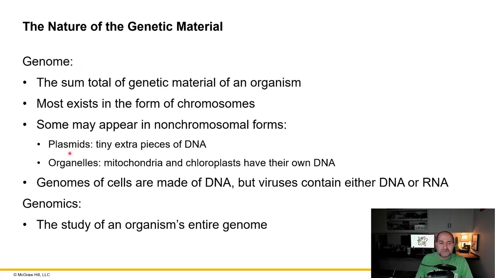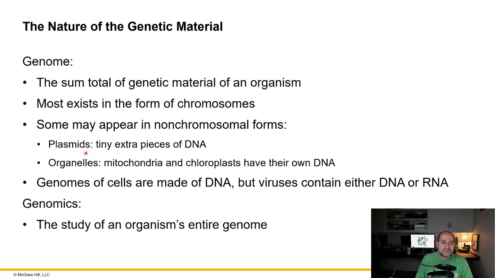In addition, several eukaryotes, but mainly prokaryotes, possess what are known as plasmids, tiny pieces of circularized DNA. We're going to go into these plasmids in more detail, but they can have important genes on them, with important functions for the organism.